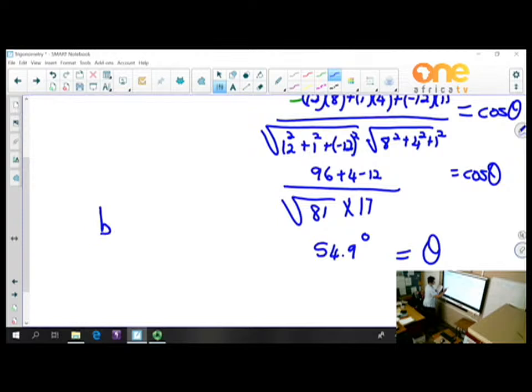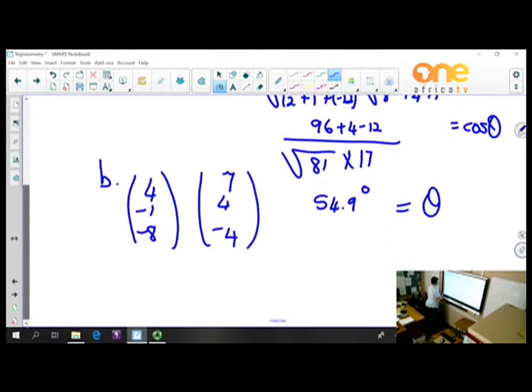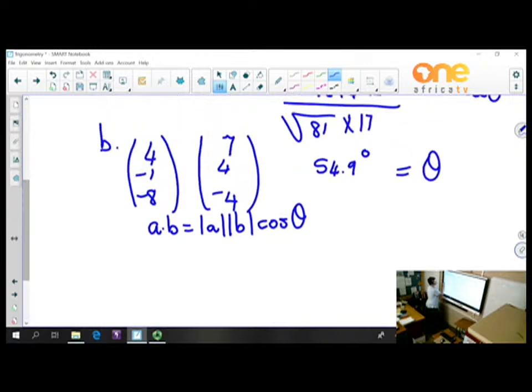Right, the next one is now number B. This one says 4, negative 1, 8, negative 8. And the second column vector is 7, 4, negative 4. So the formula that we're going to use is A dot B is magnitude A, magnitude B, cosine theta every time, that one formula that we are using.